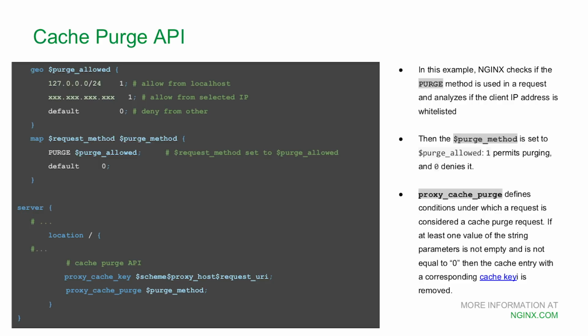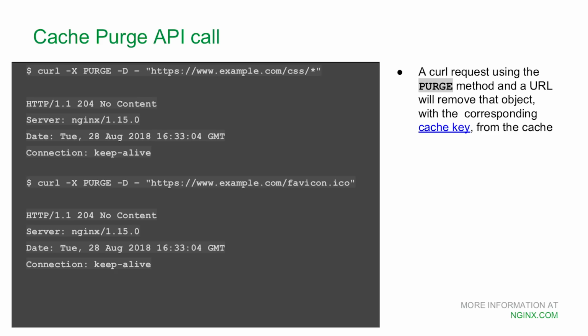For example, if you wanted to push out a new version of your website or a new piece of content, whether it's a logo or a PDF file, you have the ability to completely purge or blow out the cache for an application, or selectively choose which files you would like to purge from the cache. NGINX Plus has an API which makes that very easy.